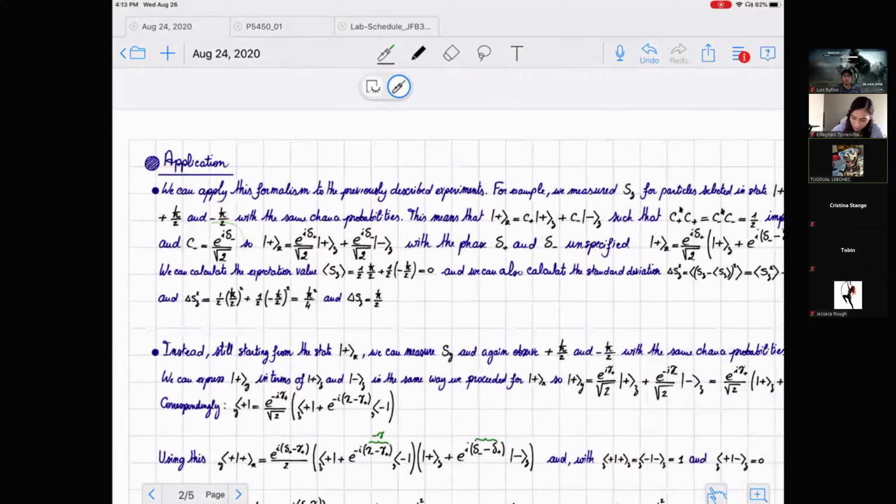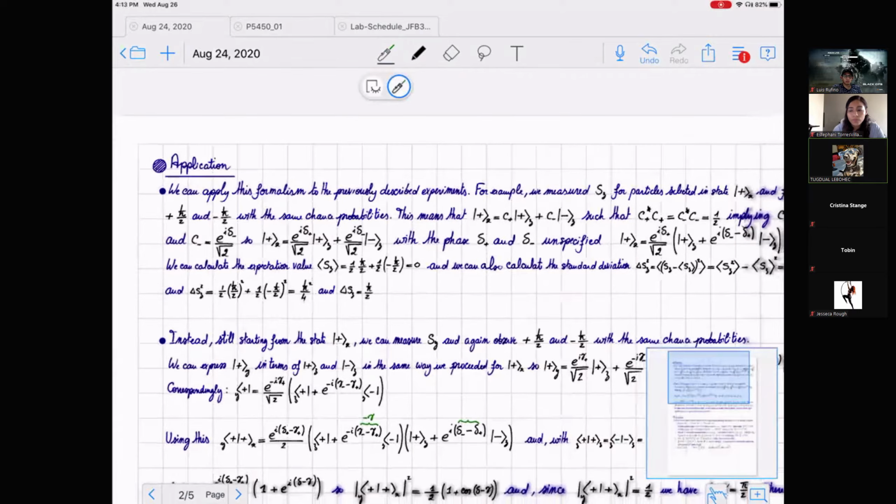So that means that the state plus sub x can be written as exponential i delta plus over square root of 2 times the ket plus sub z, plus exponential i delta minus, another phase, divided by square root of 2, multiplying the ket minus sub z.